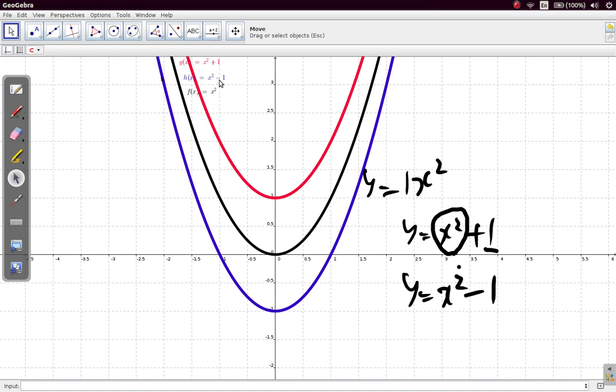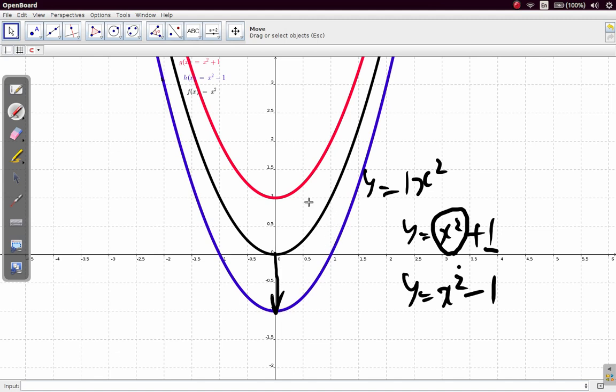So the one in blue says h of x is x squared minus 1. And you can see here that we have y equals x squared, but y equals x squared minus 1 moves y equals x squared down 1 unit. So it moves every point downwards. This was 0, it goes to -1.